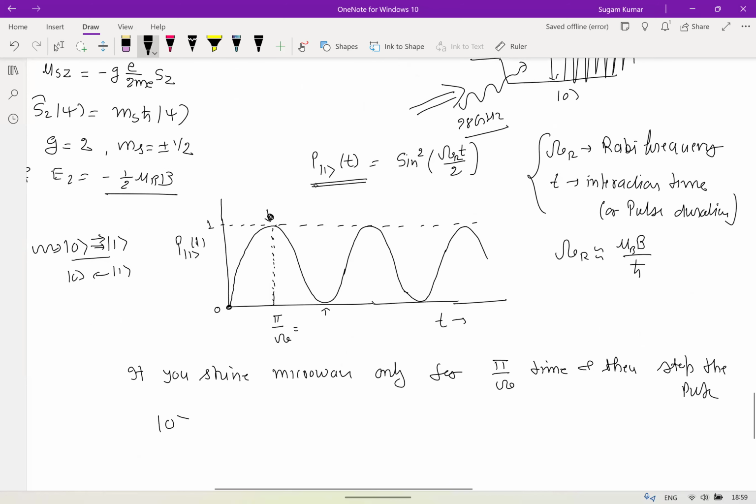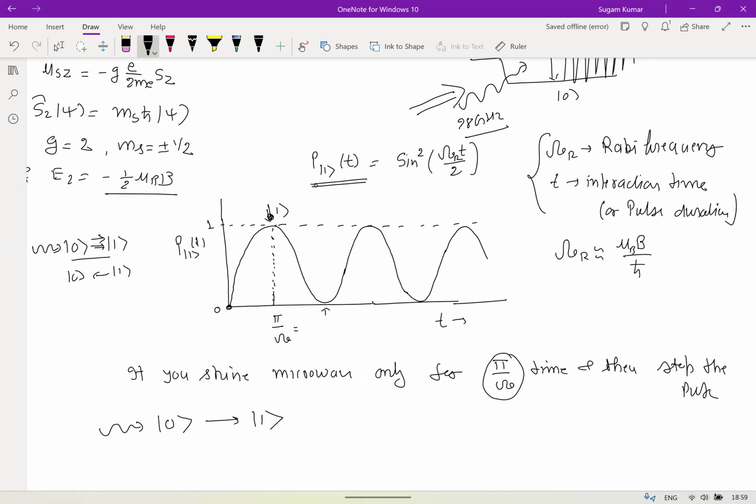The system is in 0, and you shine some photons, but only for the pi by omega time. Then after that it stops. It means now you are already in the 1 state. So you have to make sure that you shine the microwaves only for this much time.